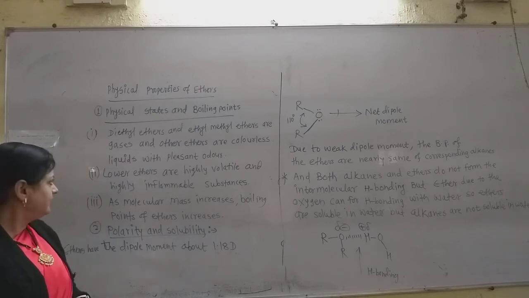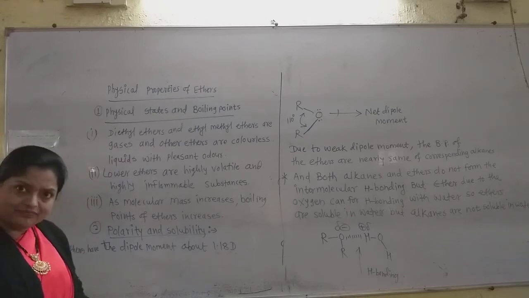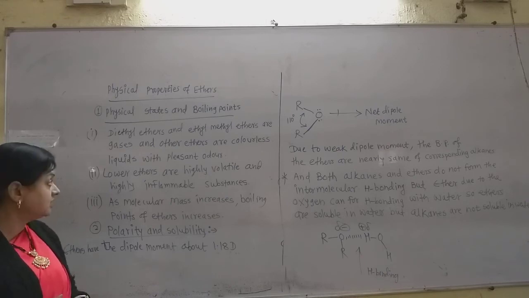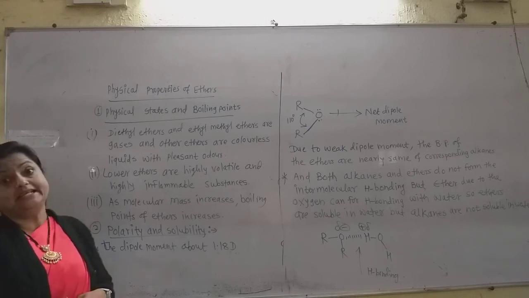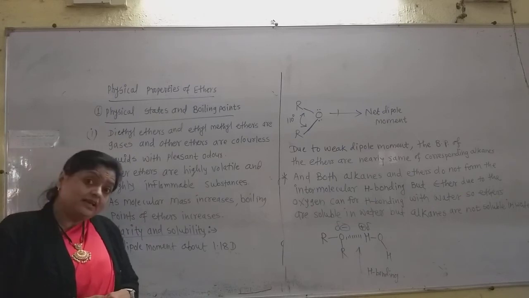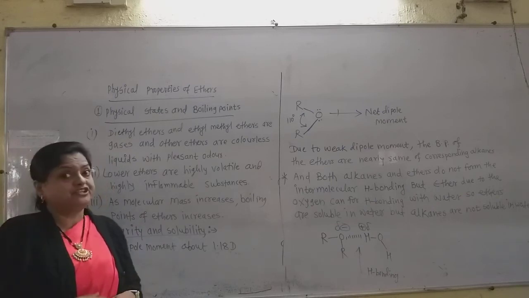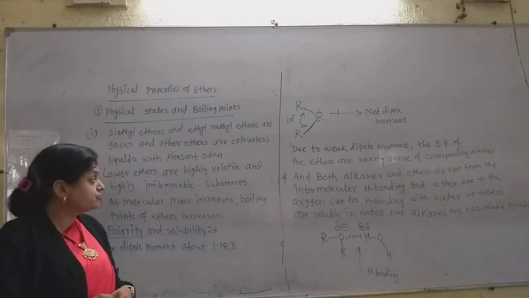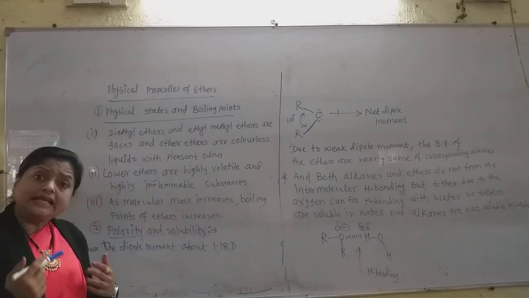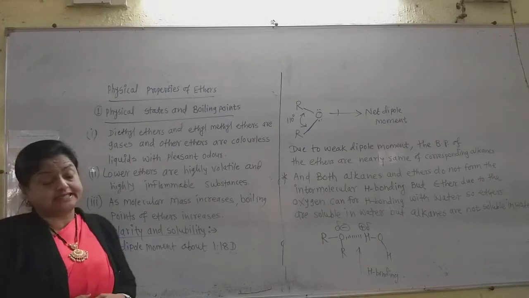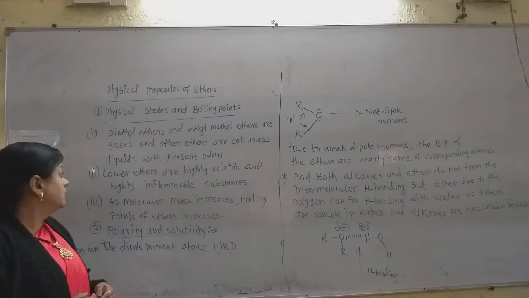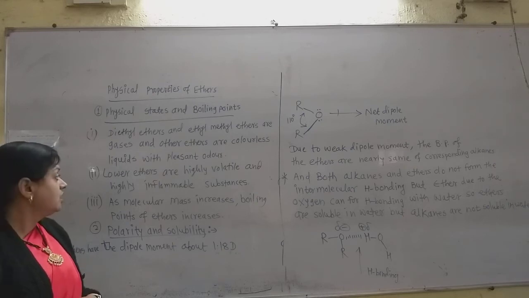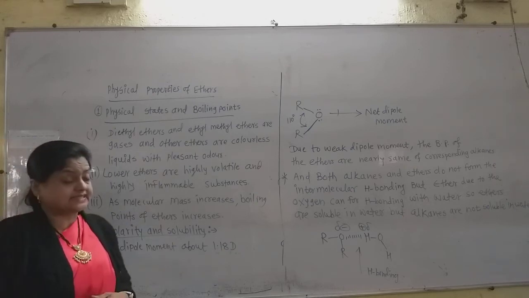Then secondly, the lower ethers such as diethyl ether are highly volatile liquids. They can vaporize at room temperature also. That means they are volatile, they vaporize at room temperature. And they are highly inflammable substances. Remember that. Though these ethers are highly volatile, they are inflammable substances.